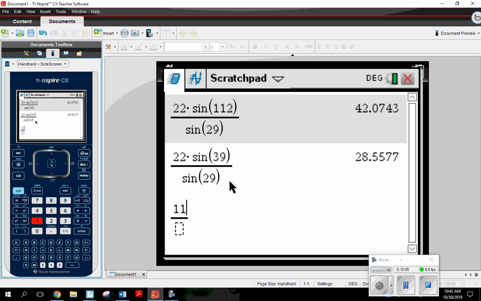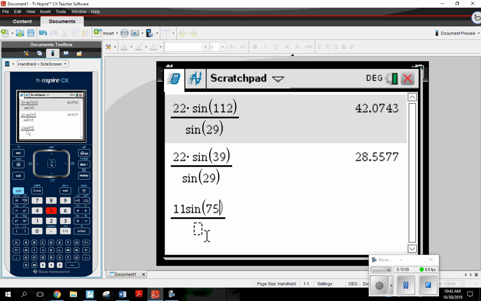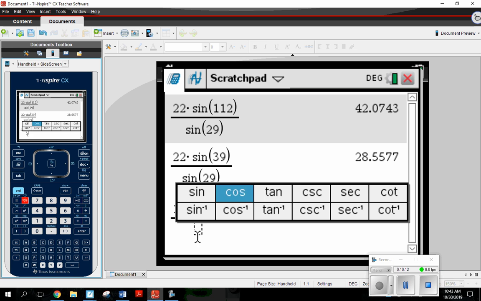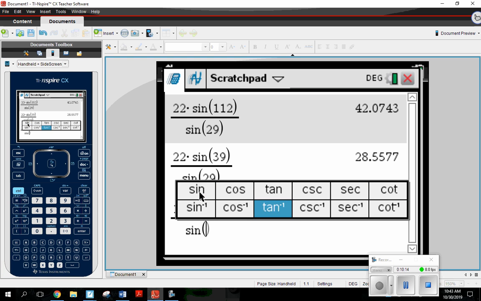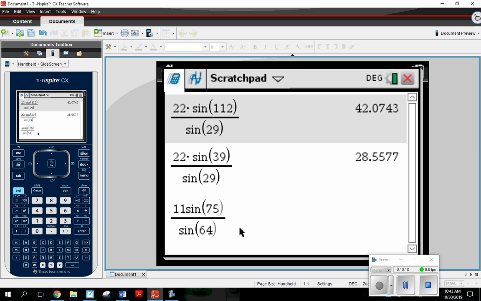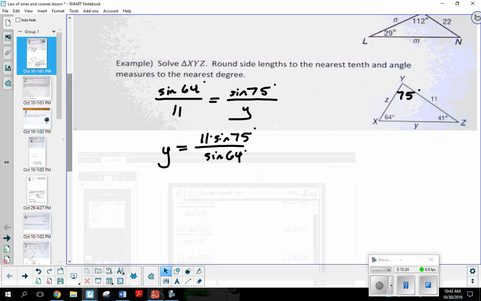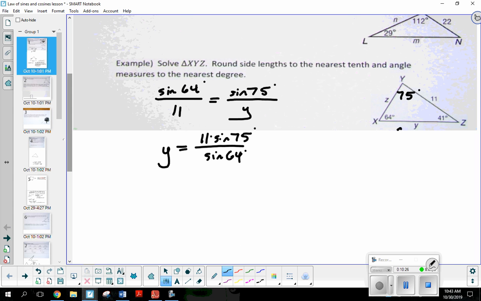Control divide, 11 sine of 75 over sine of 64, I believe. Is that right? So what should I be getting here? There we go. So 11.8. Perfect.